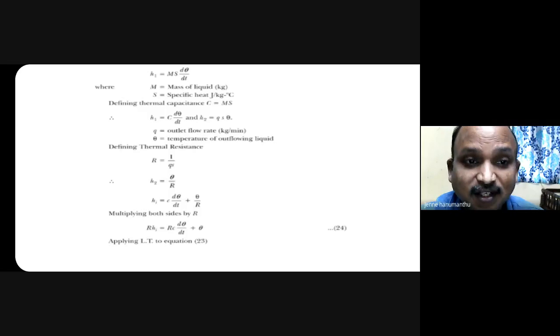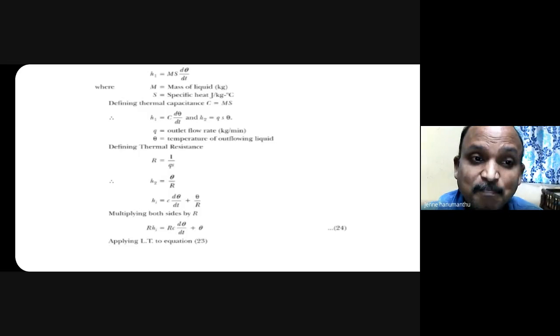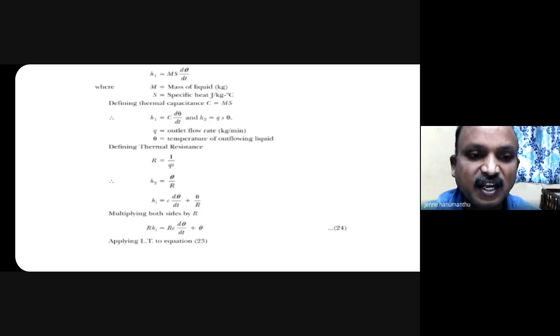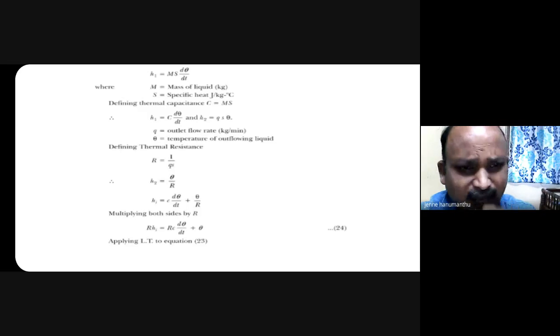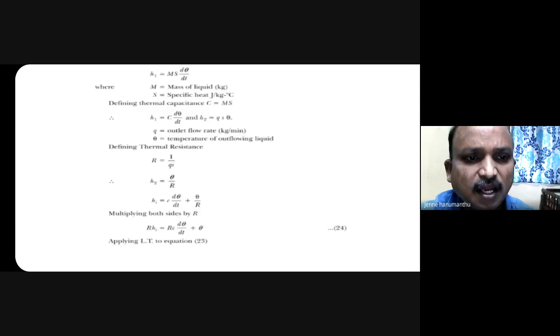That we have to consider. Don't leave the water, don't leave the liquid, don't leave the other elements. In the place of liquid, it may be gas, and we will see later about gas systems. No problem. You should consider the mass of the liquid in kilograms.